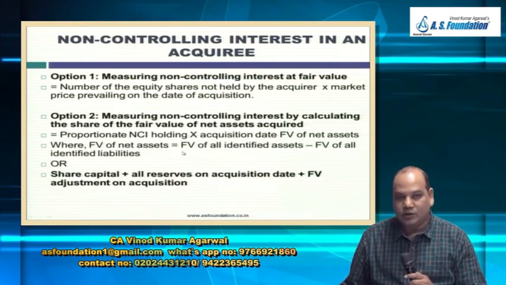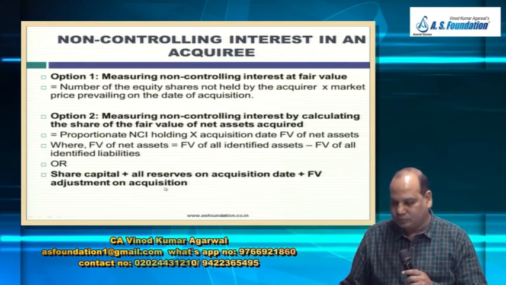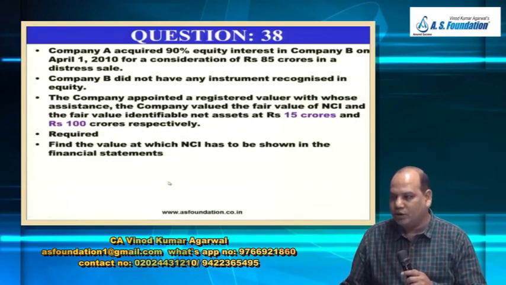Fair value of net asset is fair value of all identified assets minus fair value of all identified liabilities. Or you can take share capital plus reserve and plus the adjustment on the acquisition.